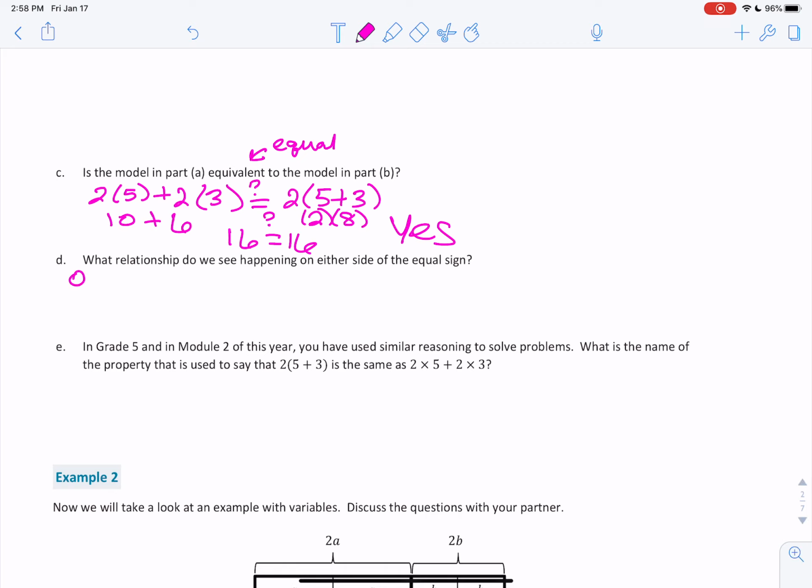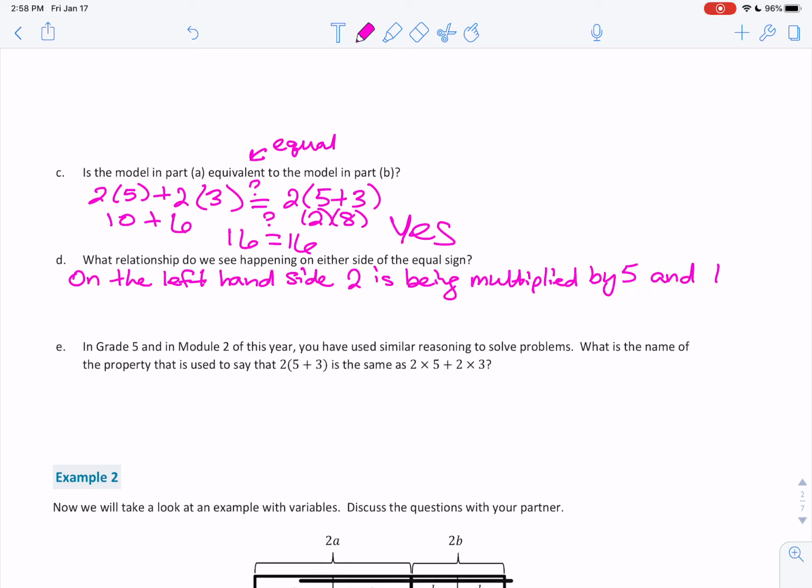On the left-hand side, 2 is being multiplied by 5, and then by 3, before adding the products together.